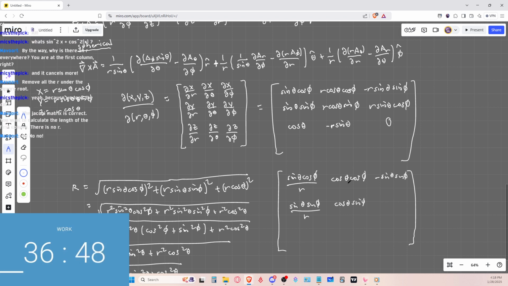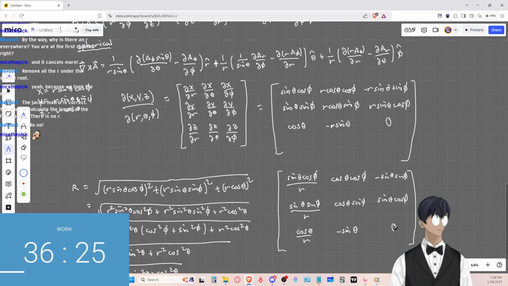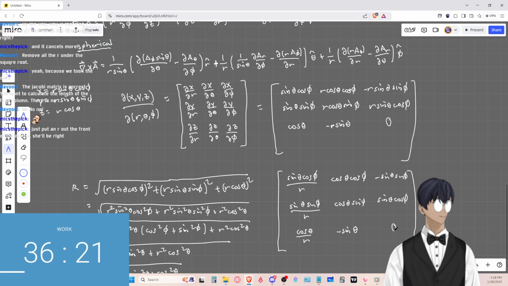See, this is why I like learning more, because you get to experience this mind-blowing stuff, and you're like, I would not have known that if I wasn't curious enough to go into it. Just put an R out in front of the matrix.